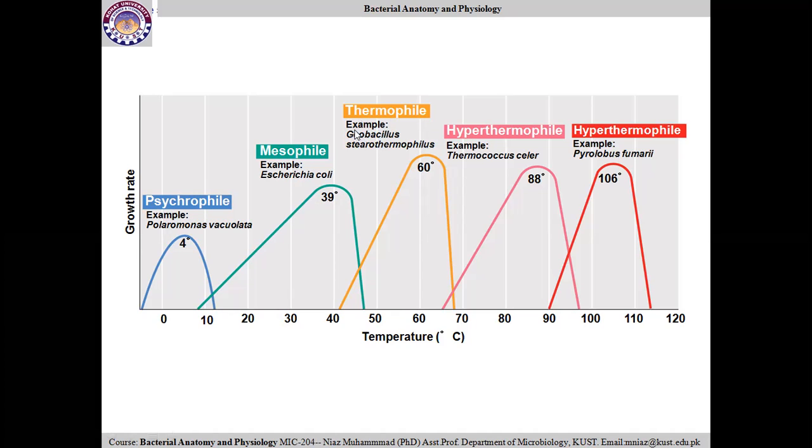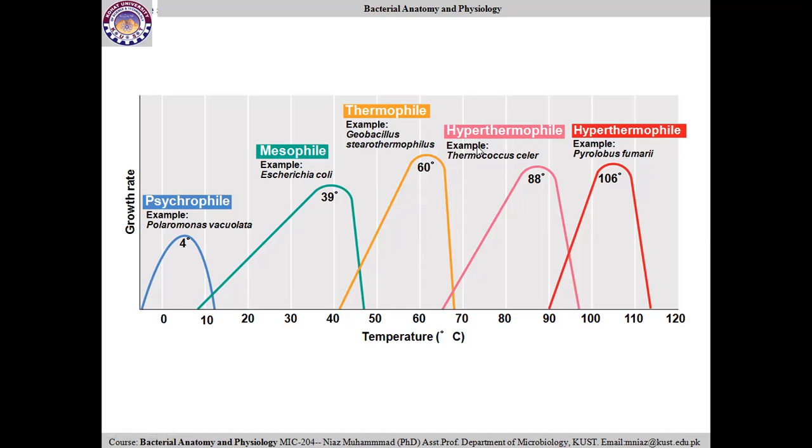An example of a thermophile is Geobacillus stearothermophilus. The temperature range for this microorganism is 40 degrees to almost 70 degrees C, and the optimal temperature is 60 degrees C, where its growth takes place at a high rate.